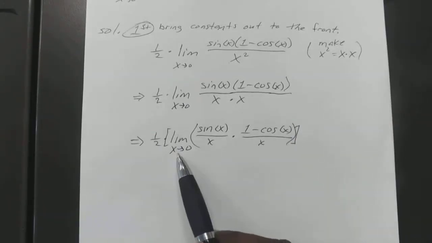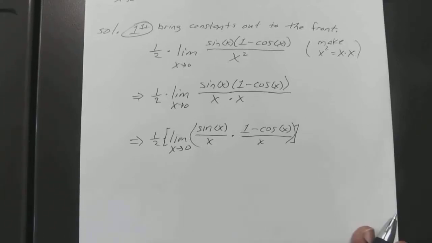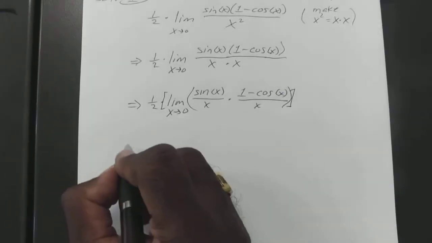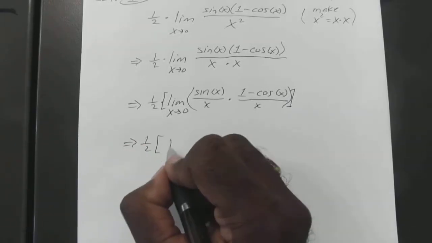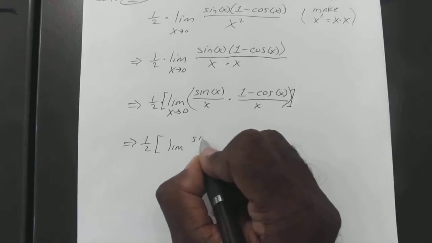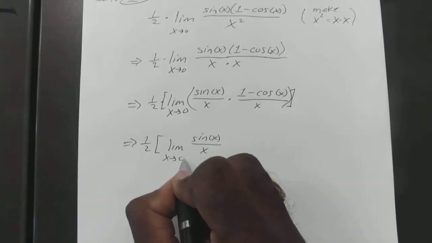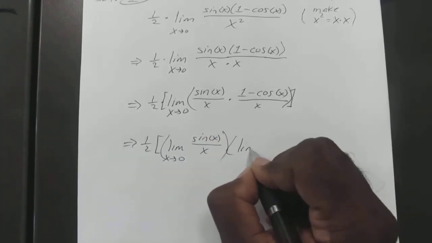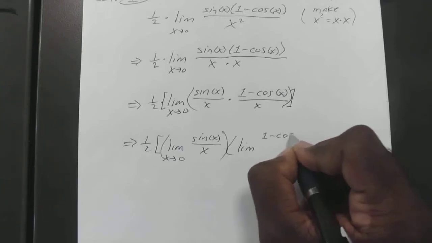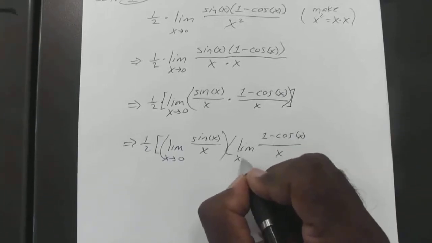Now we just take that limit and distribute it to each of the factors. So 1/2 times the limit of sine of x over x as x approaches 0, times the limit of 1 minus cosine of x over x as x approaches 0.